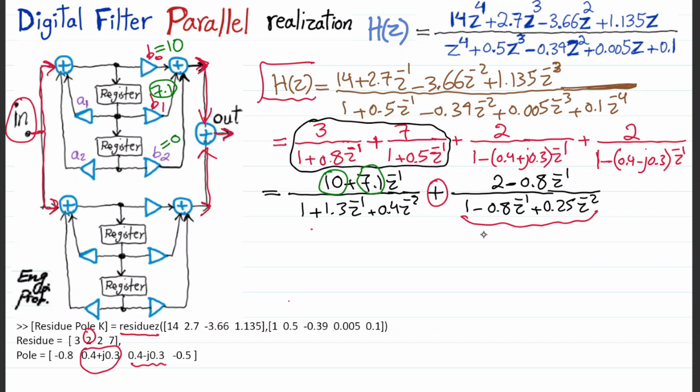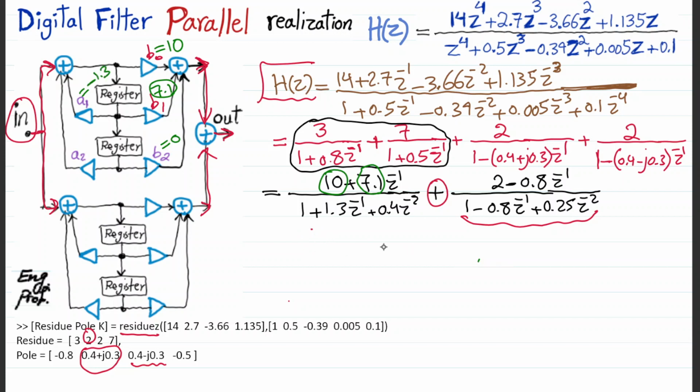Now you can see that in the denominator you have 1, so matching what is expected, it should be 1. And then you have this 1.3 z^-1. We need to be careful about that because whatever you see here, you have to negate it to implement for a1. So a1 will be minus 1.3, not plus 1.3.